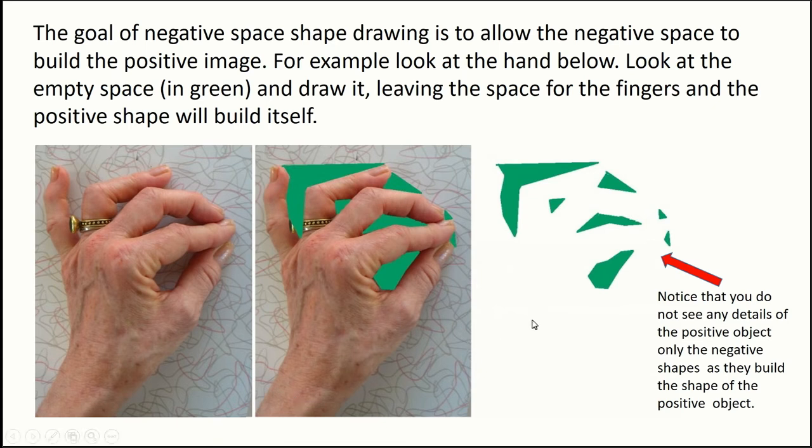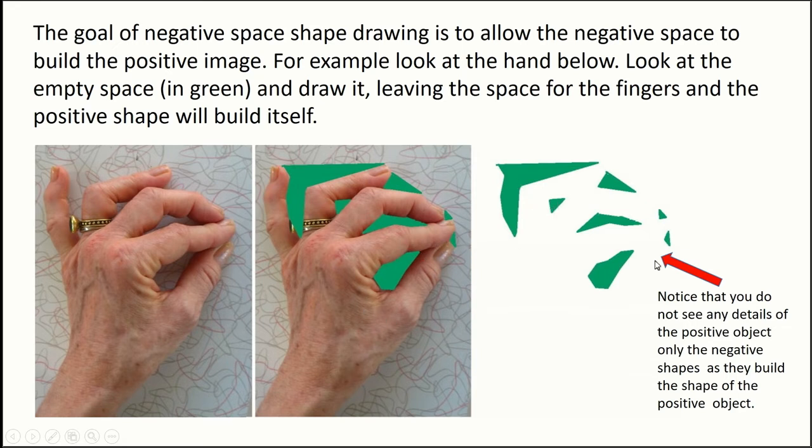So here we can look at the hand below, and here's the hand. Look at the empty space here, which now is flattened in green. And you can see that it builds the shape of the positive as you build those negative spaces.